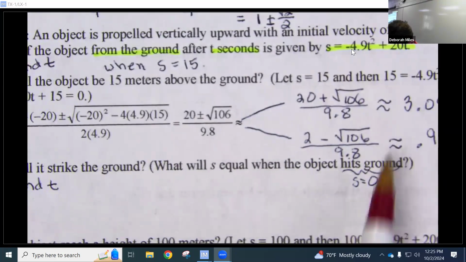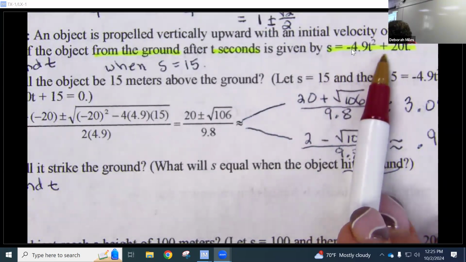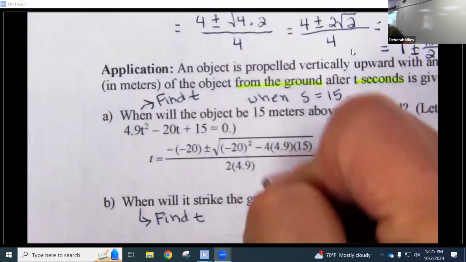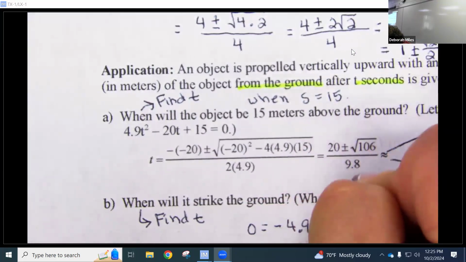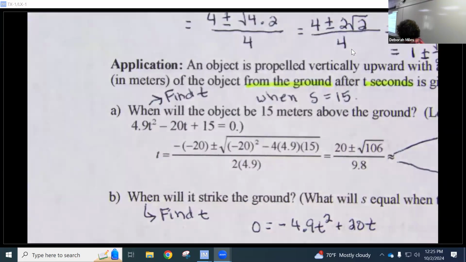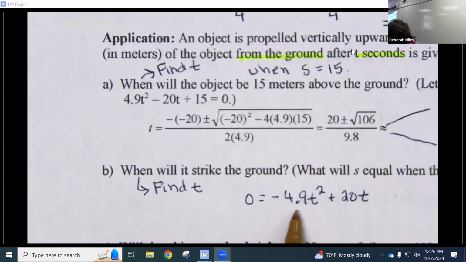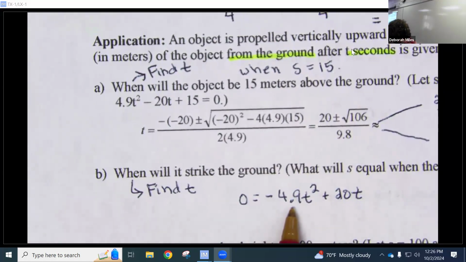So if you put 0 in place of S in this equation, you'll have 0 equals negative 4.9 t squared plus 20 t. I could use the quadratic formula on that as well. If I did use the quadratic formula, what would C be?